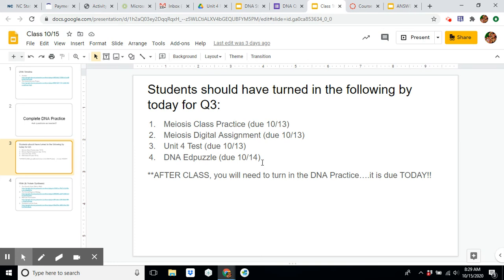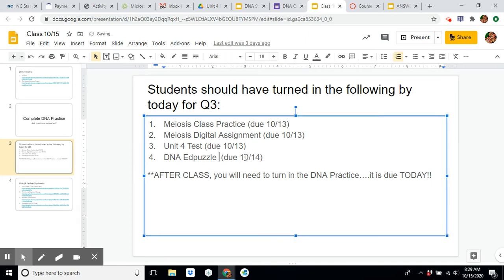However, all of my classes had a Unit 4 test last week that was due by Tuesday, and those 2 DNA and RNA, right? There were 2 Edpuzzles that were due yesterday. All right, so like I told you, you should be able to turn in this DNA practice.